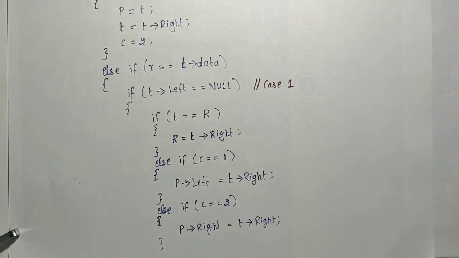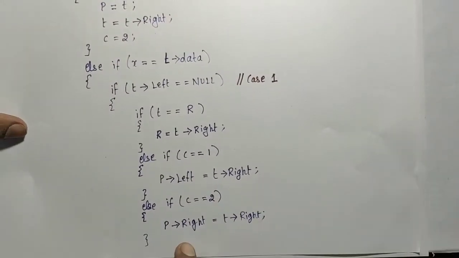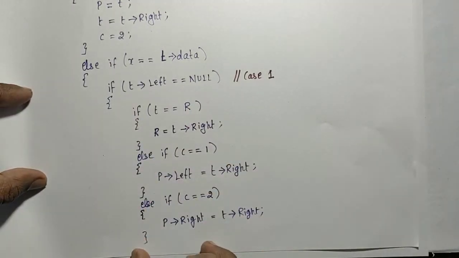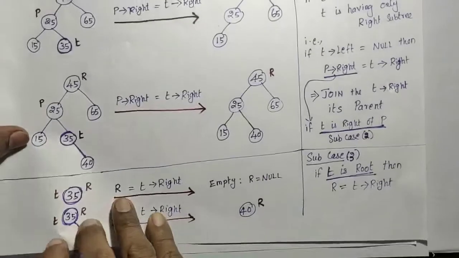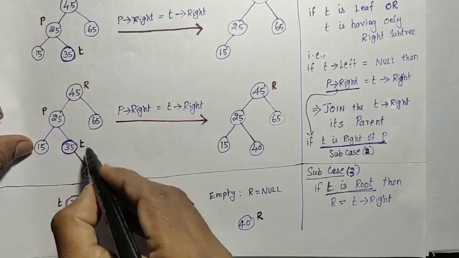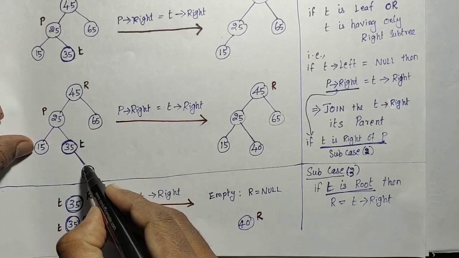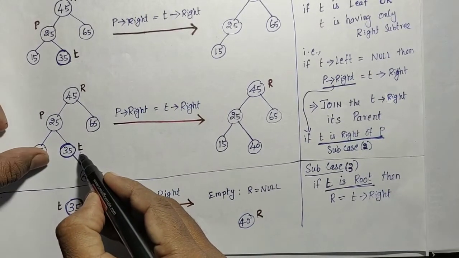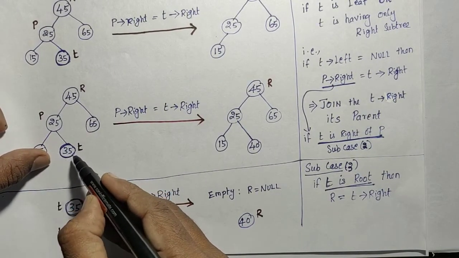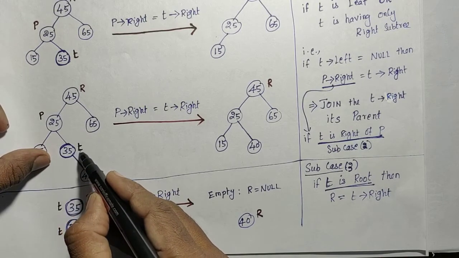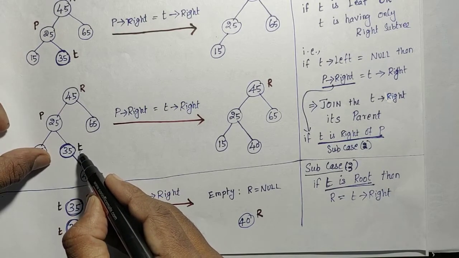So after creating this link, what I have to do is delete that node. In all the 3 cases, if you disconnect the t from the tree, the t has to be deleted. It means that the memory allotted for the t has to be released.